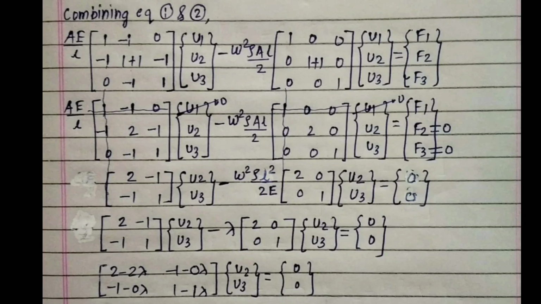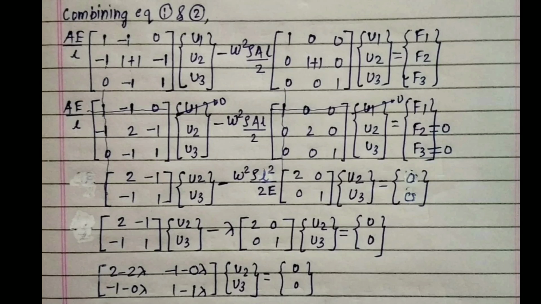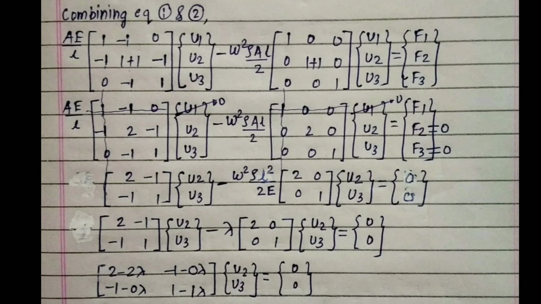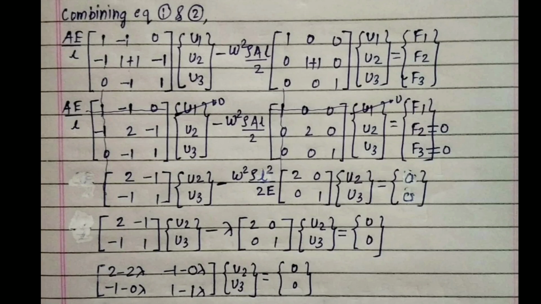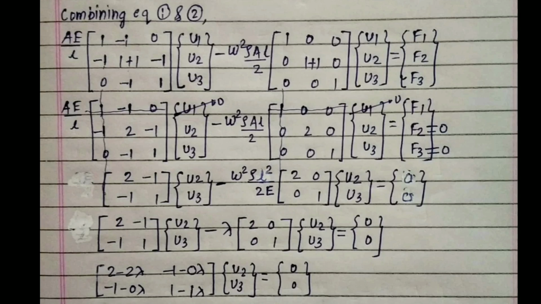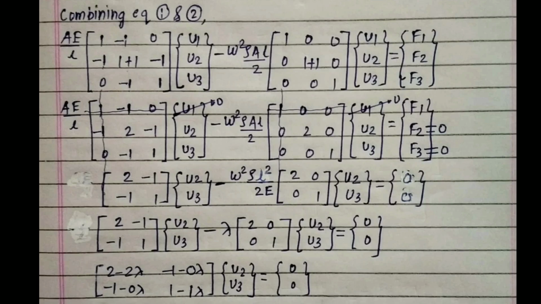So the matrix [2-2 lambda, -1; -1, 1-lambda] into U2 U3 is equal to 0 0.